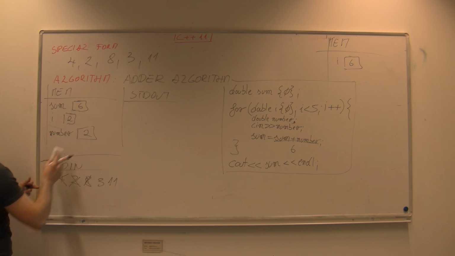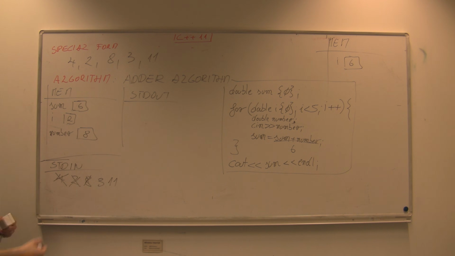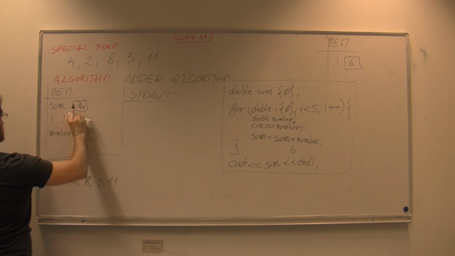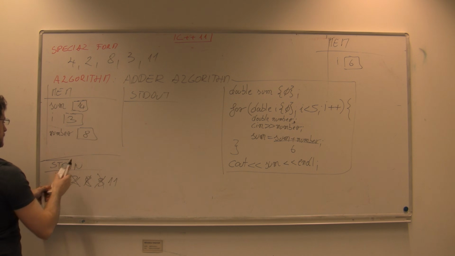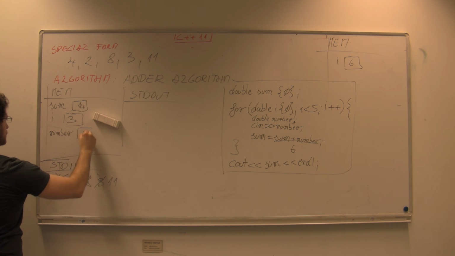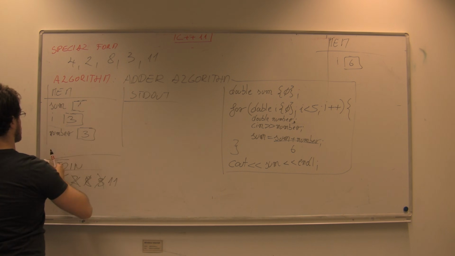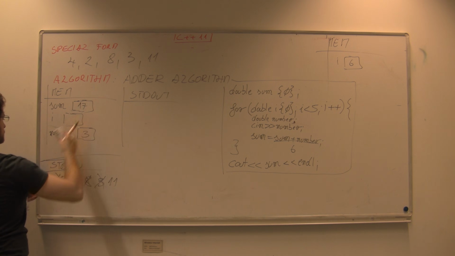We extract another value, 8. We add this to sum. So the value is 14. We increment I. We check the condition, it's valid. We extract another number. So number is now 3. We add this to sum. Sum is now 17. We increment I.